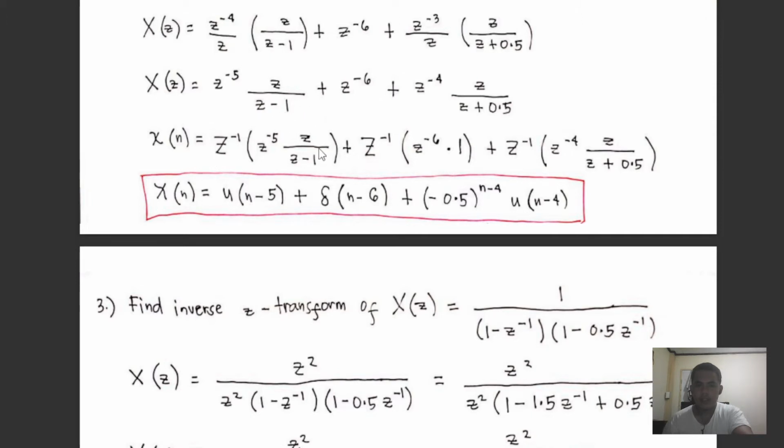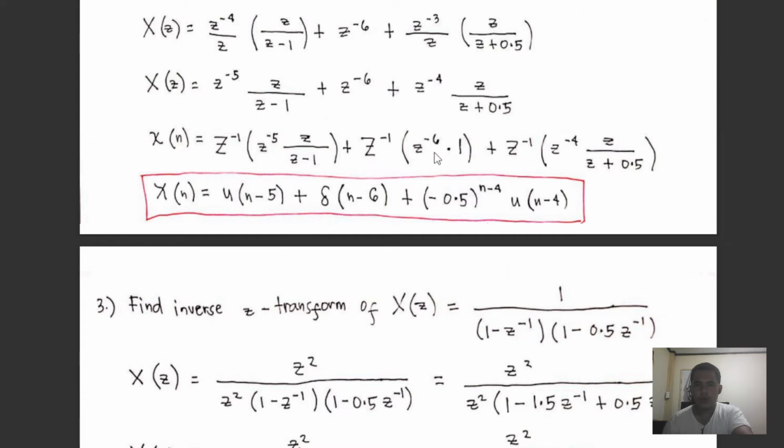As you can see, this system is in the time shift property of the Z transform, so we need to time shift this, which is equal to u[n minus 5].